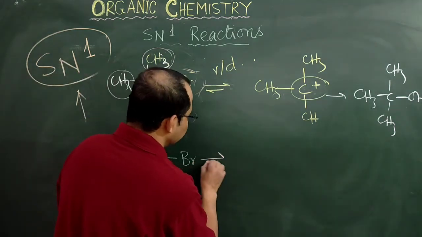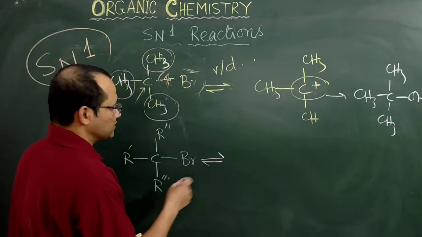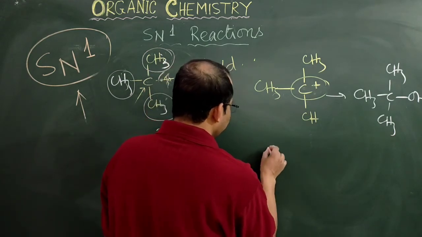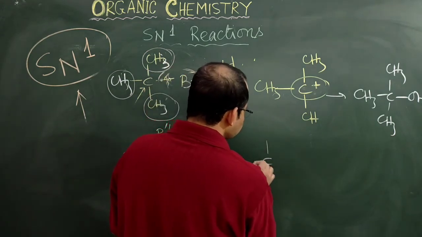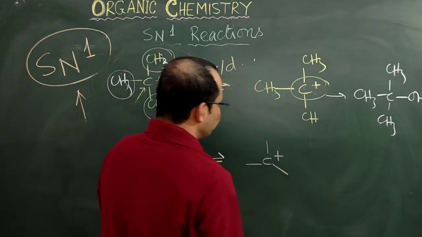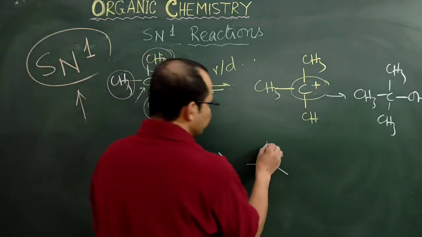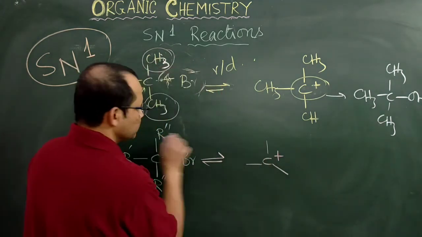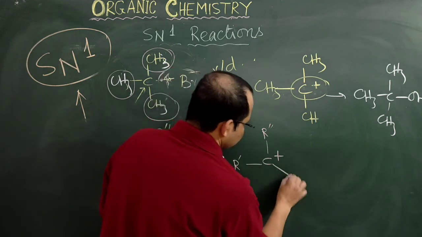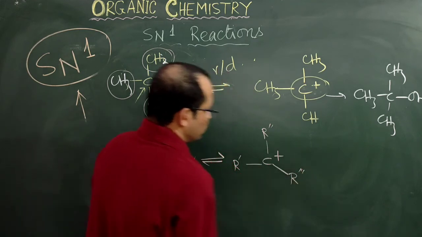Now a similar thing will happen in the reaction mechanism part. Initially this will form carbon and 3 R groups in this way and it will be positive. Look, this is this bond, this is this one and this is the third one.